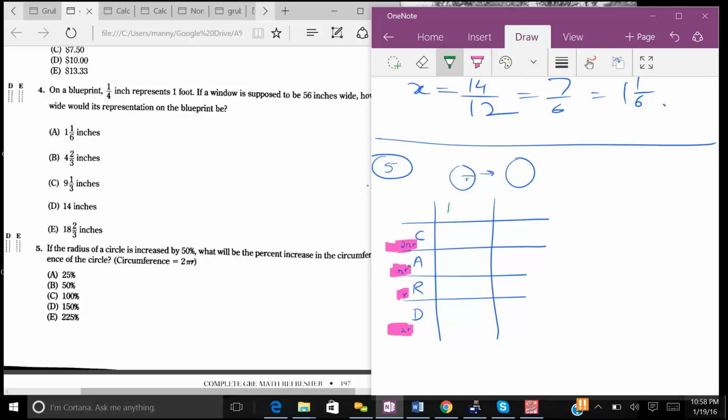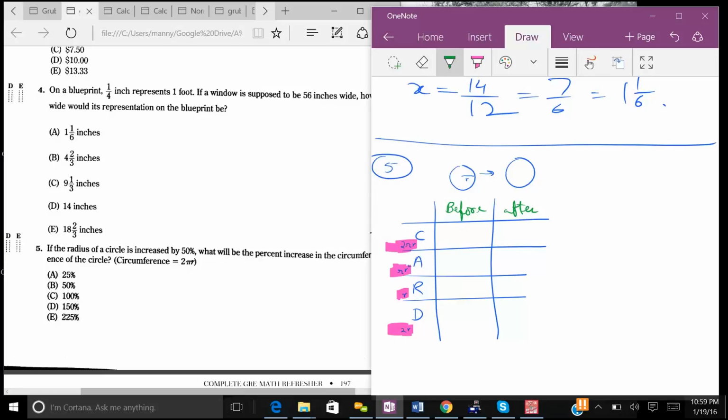So look at this, before and after. When something changes, make a before-after table. That's an app that you should use. And then CARD is an app for circles, so you need to know all these formulas. The good thing about CARD is, if you know any one of these 4, you can find the other 3. You can always find r very quickly and find the other 3.